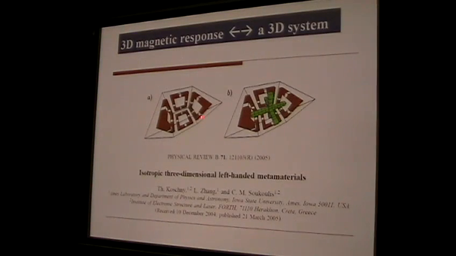Another interesting thing is that if you look at the literature, you will find that there are quite some efforts to fabricate a three-dimensional system which can exhibit three-dimensional magnetic response. This group, which is led by Soukoulis, fabricated a three-dimensional array of SRR, and they want to have an isotropic three-dimensional left-handed material.